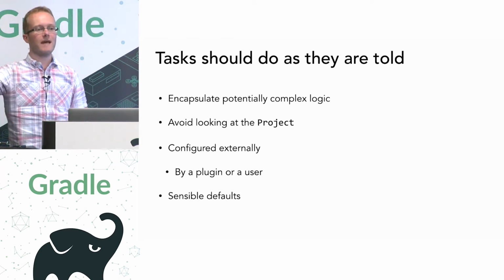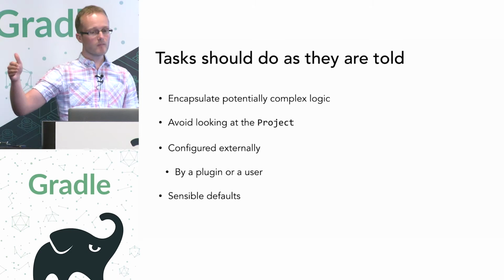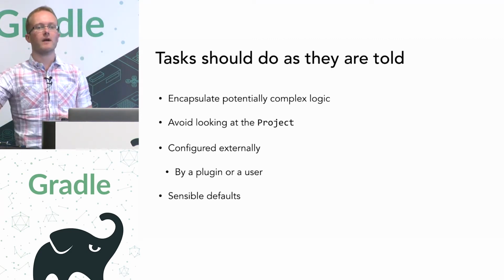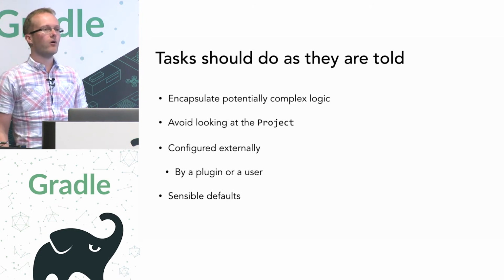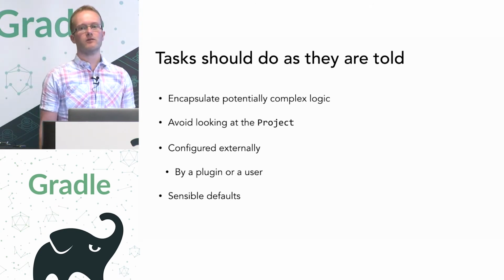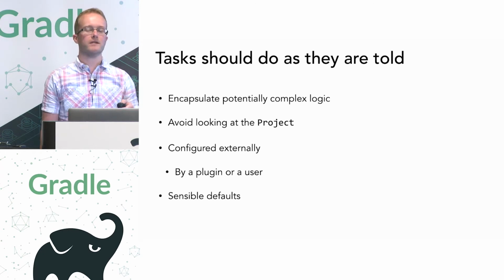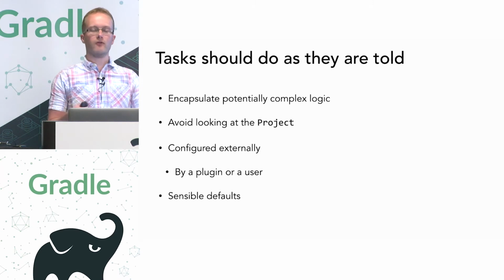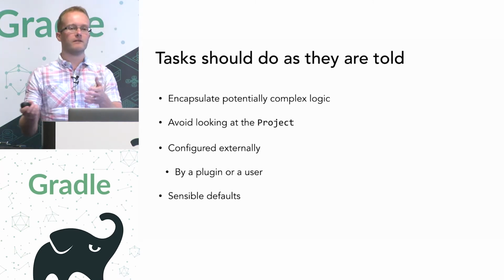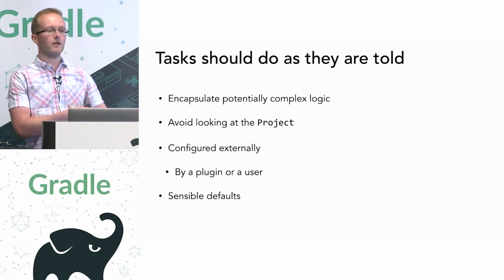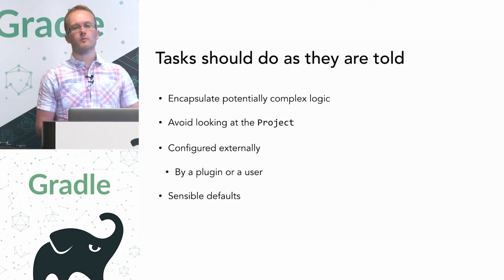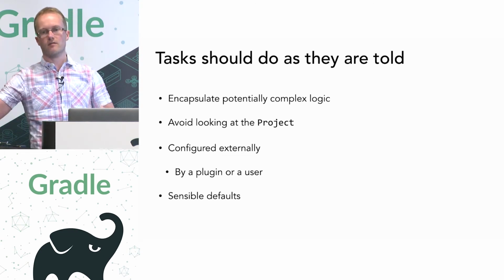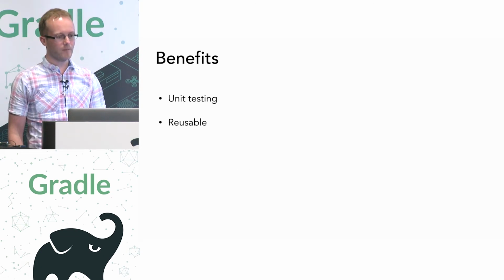But as soon as the user sets that property on the task, that convention backs off and it lets the user express their opinion. In Gradle 4, property states has replaced this, so there's now a proper, genuine public API to let you set up conventions on your task. So a plugin can create an instance of a task and make it available in a project by default, and then you can also use property states to say, if the user doesn't express an opinion about this particular property of the task, this is what its value should be.